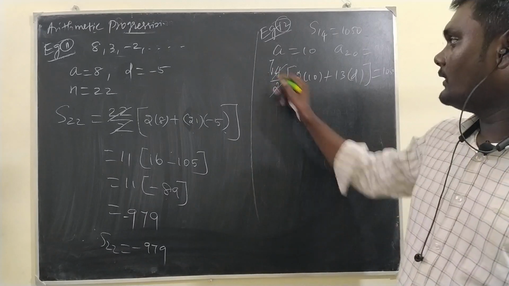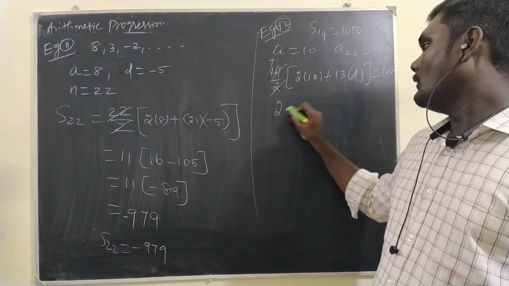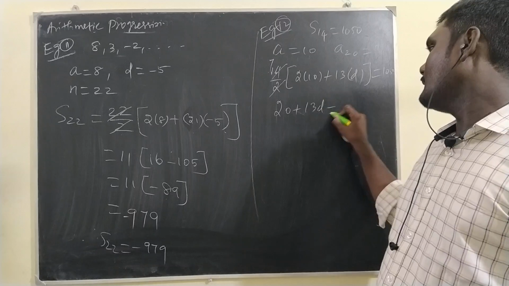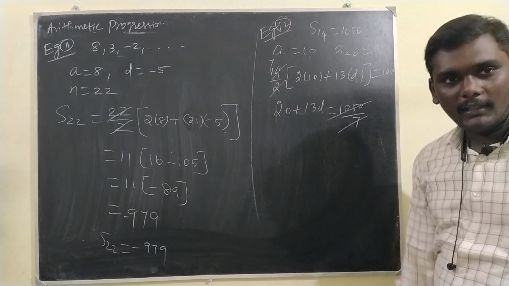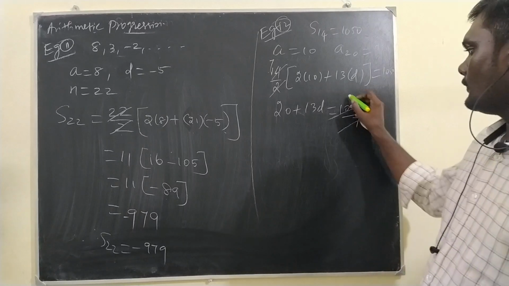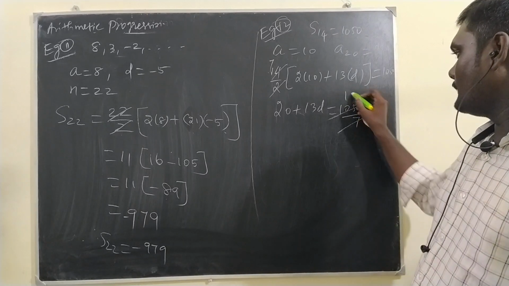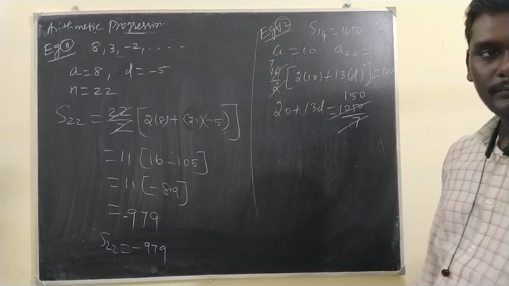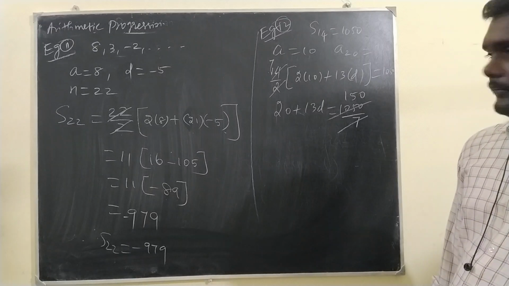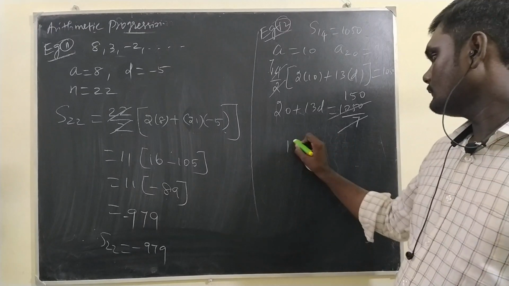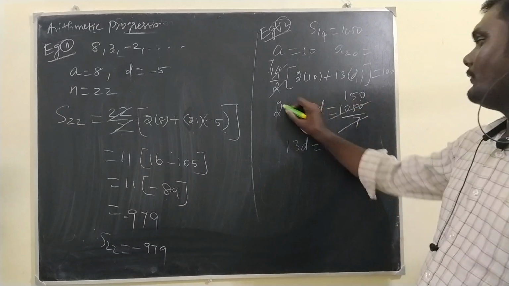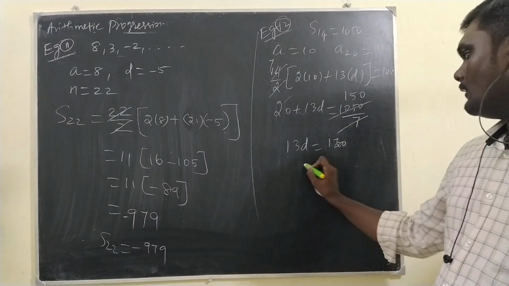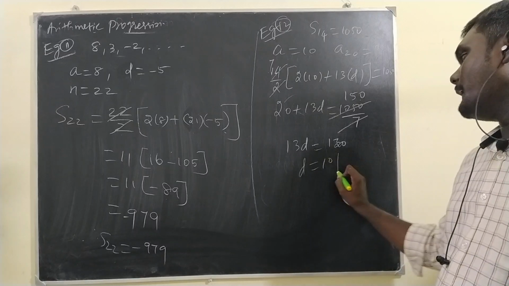Be clever, take this 7 to other side. So you'll have 20 plus 13d is equal to 1050 by 7. 1050 and 7 can be cancelled. So we get 150. Okay. Now 13d is equal to 150 minus 20, that is 130. So d is equal to 10.